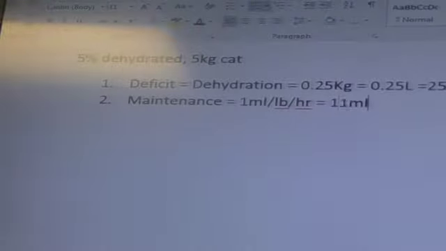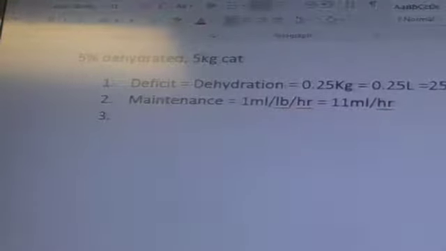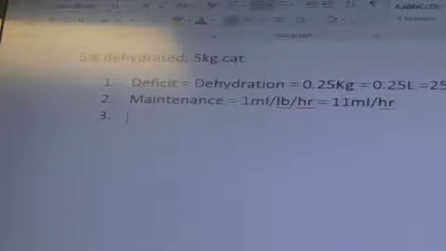So it would be 11 ml per hour. Perfect. Alright, that will be number 2. You have a pump that you can set to 11 ml per hour.